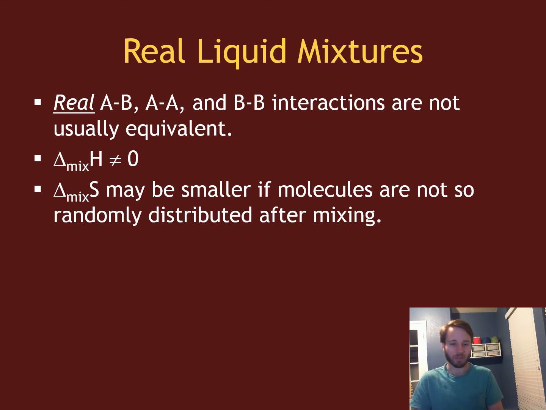So the enthalpy of mixing will not equal 0, and the entropy of mixing may be smaller than that of an ideal solution, because for a non-ideal solution, you might not have this nice, equal mixture of everything across your solution. And so the entropy change might be less than that of the ideal case.